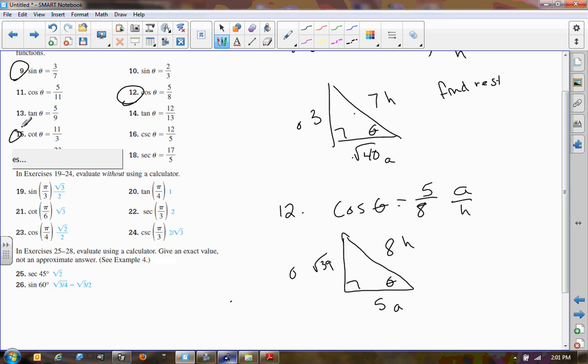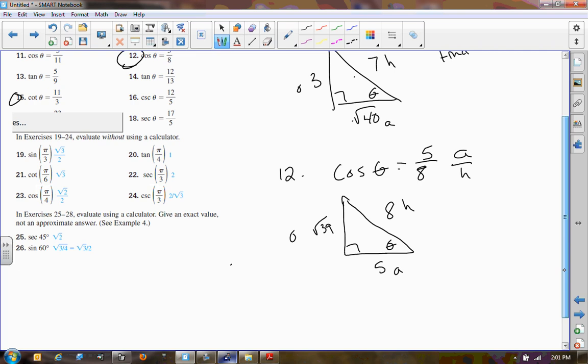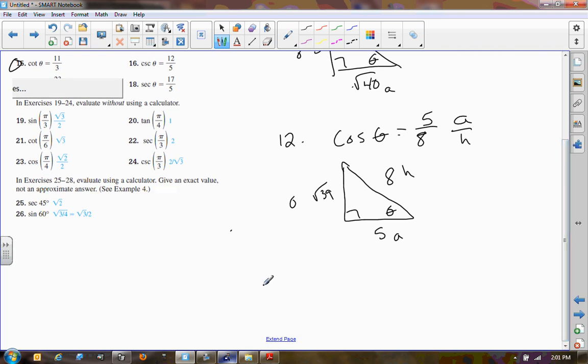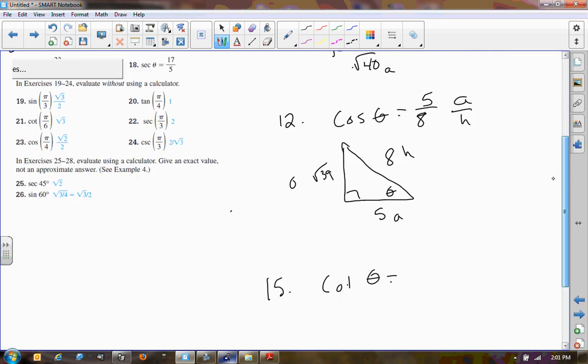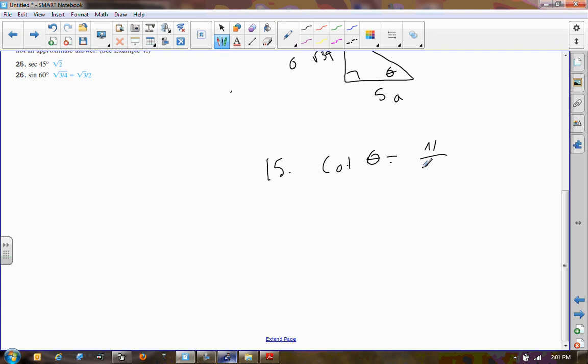15. This one's a cotangent. Cotangent of theta is 11 over 3. Cotangent is the opposite of tangent. Tangent is OA. This is AO.